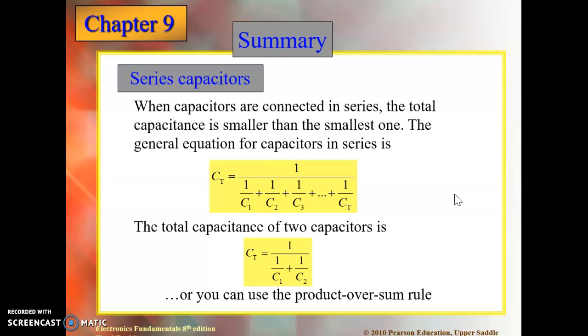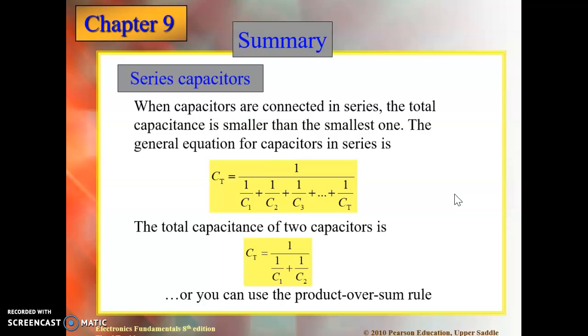If it is a pure series connection of capacitors, the smaller value capacitor is going to be the limiting factor of the whole circuit, which means that your total capacitance will be smaller than the smallest capacitor in the circuit.